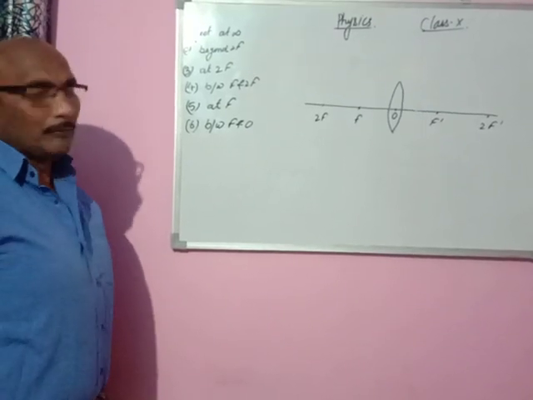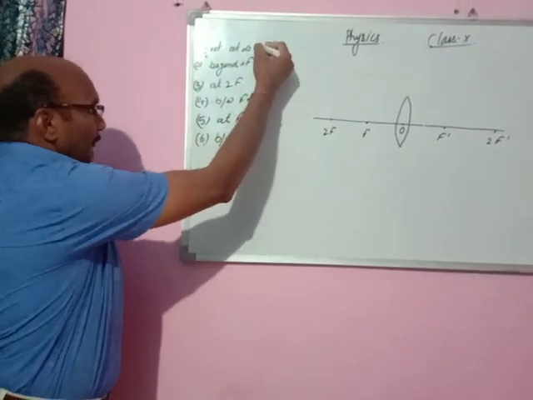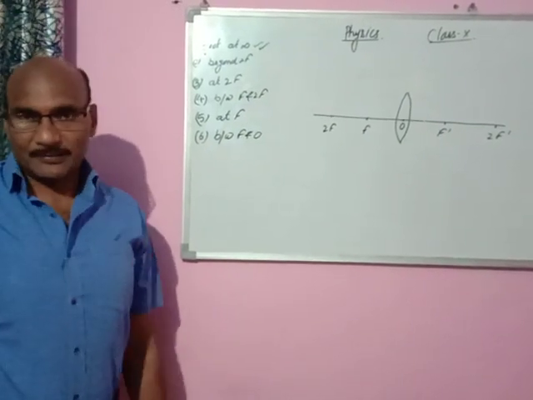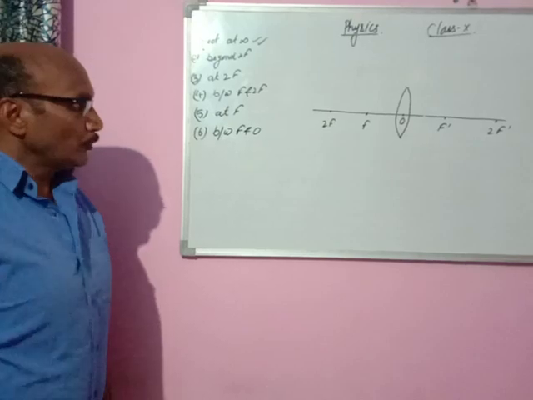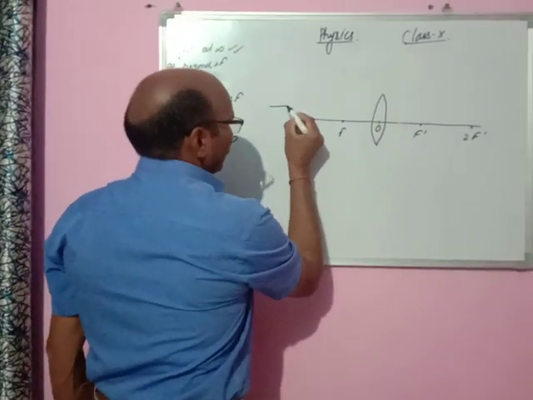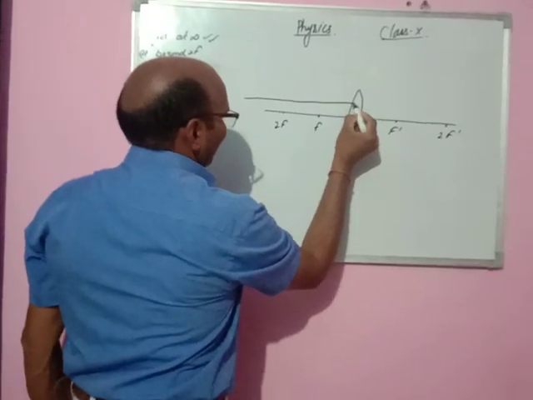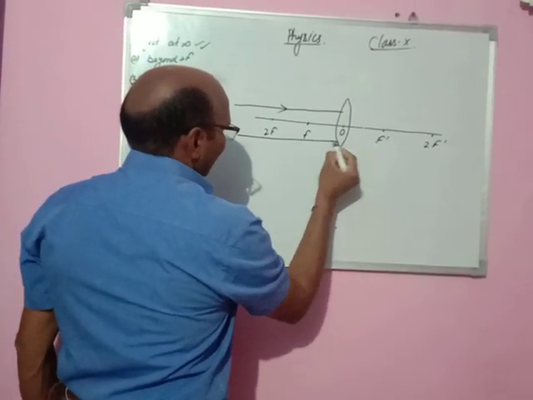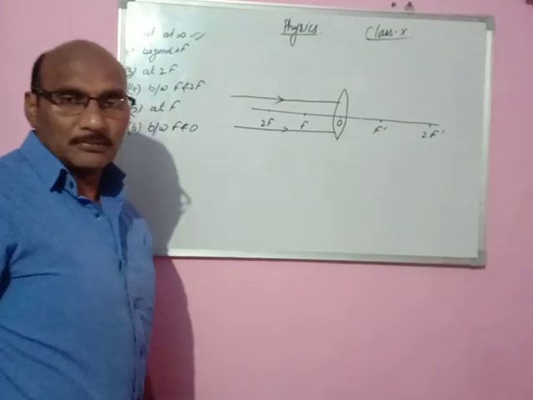Now, we have to start drawing the diagrams. First, I will take the first one, when the object is at infinity. One ray is coming parallel to the principal axis, and one more light ray is coming parallel to the principal axis.